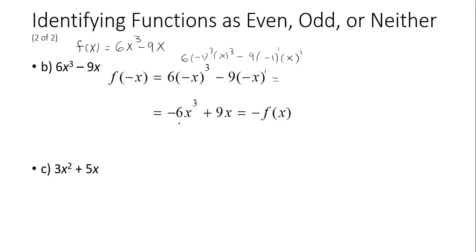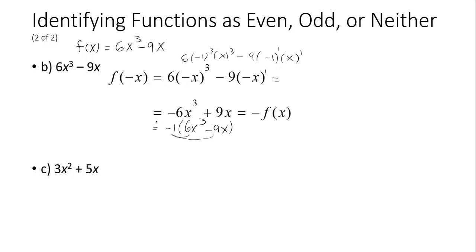As you can see, if I factor a minus 1 here, I would get 6x cubed, and then here I get minus 9x. If I distribute this, you can see I get minus 6x cubed plus 9x, what I have here.